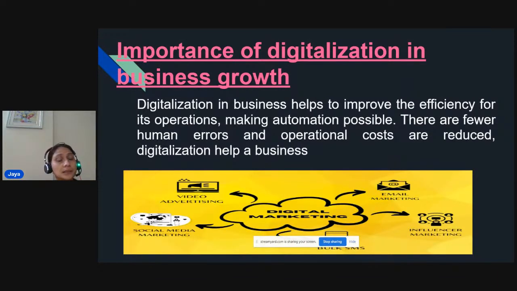In every business, in every industry, consumers are always there, because we require a good number of consumers for our business. We need to retain those potential customers.